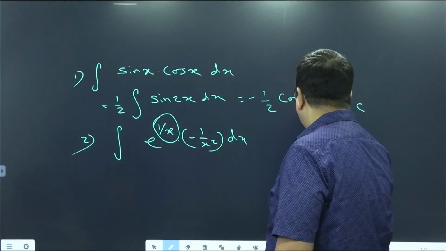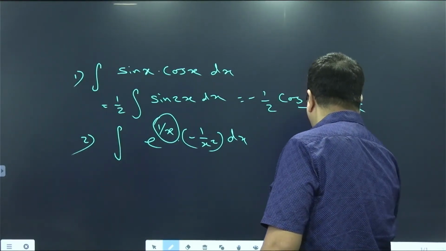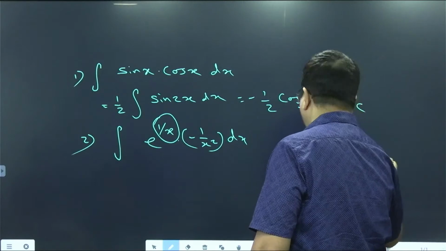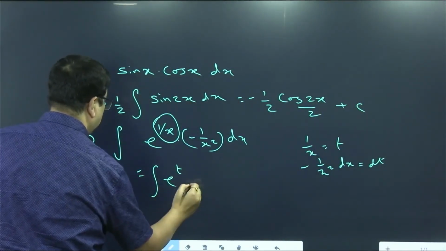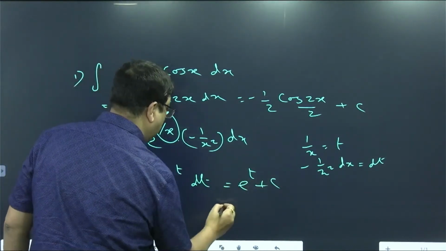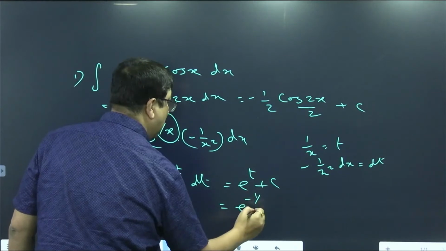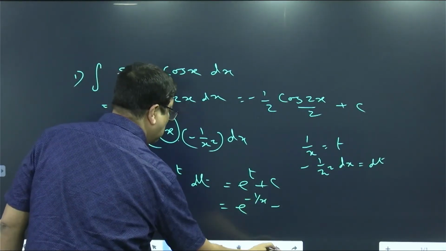So 1 by x equal to t, so minus 1 by x square dx equal to dt. Therefore we can write this as e to the power t dt. So e to the power t plus c, so e to the power minus 1 by x. No, it is not minus 1 by x, it is the power just 1 by x.